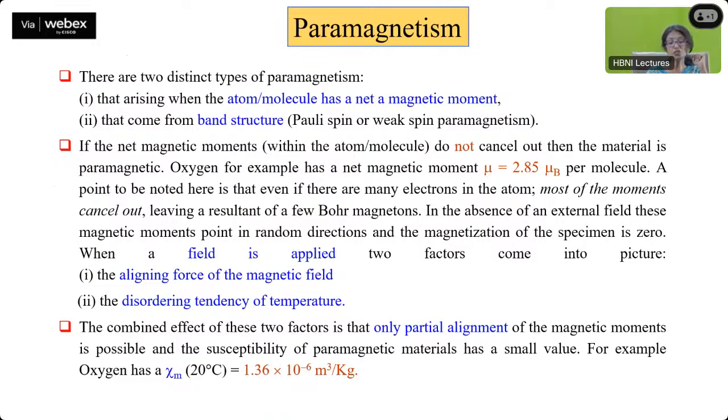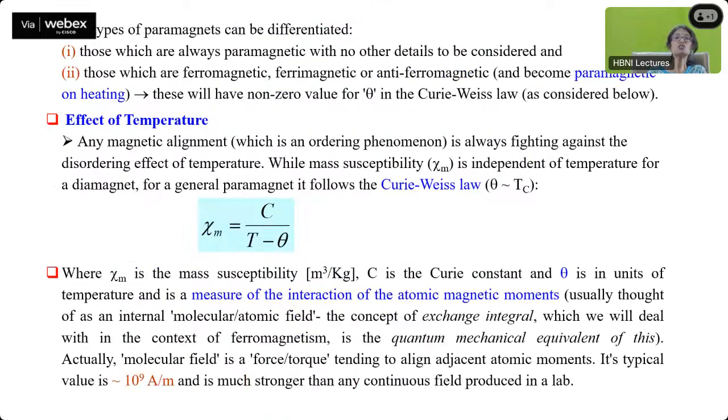The combined effect of these two factors is only a partial alignment of the magnetic moments, and the susceptibility of paramagnetic materials has a very small value. For example, for oxygen, it is only around 10 to the power minus 6 meter cubed per kg.